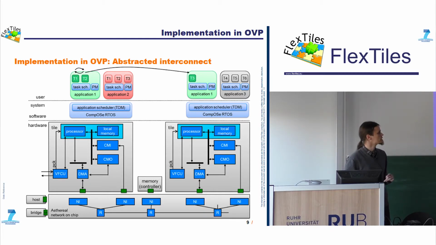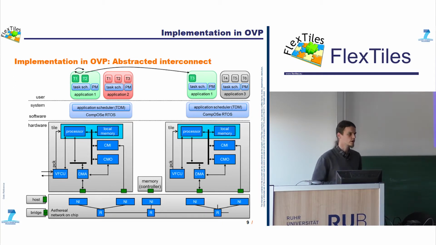But still, on the hardware level, the operating system just knows DMA transfers. It just tells the DMA to take this source address, this size, this many bytes to transfer, and then it goes through the network interfaces, the NoC, and everything. In OVP, the only important part is to model this DMA, which is able to connect to the other tiles.